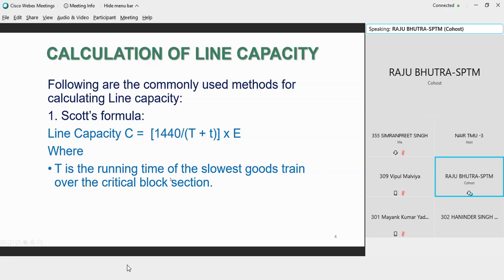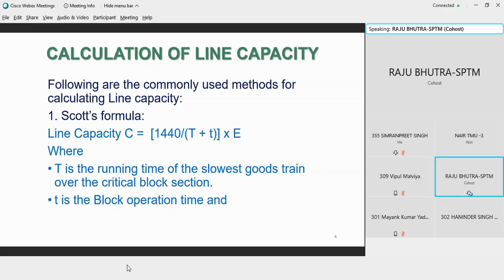And T is the running time of the slowest goods train over the critical block section. The slowest goods train passing in the section is taking capital time T in the critical block section. Then small t is the block operation time. How much time is taken for giving line clear to the other train after the earlier train has passed completely.